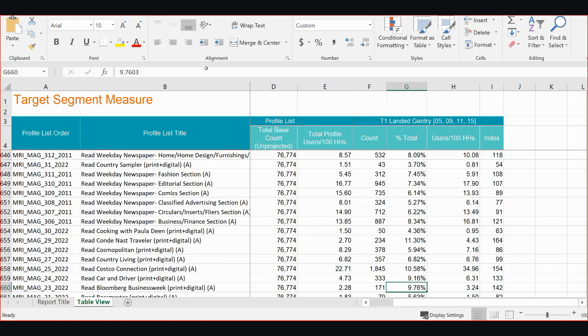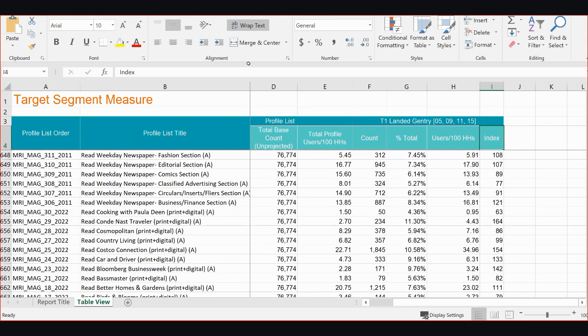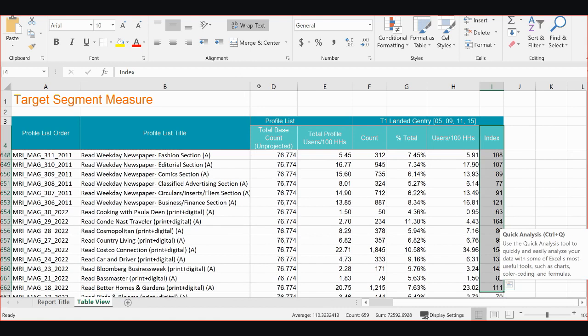Okay, so these columns are important, but really when we're looking at this kind of data, we want to look at the index. This index goes from what is base 100, where 100 is just like average American consumer behavior. Any number in the index above 100 means that this target, so here landed gentry, is more likely than the average American to engage in the behavior.